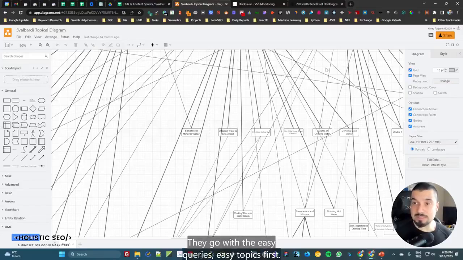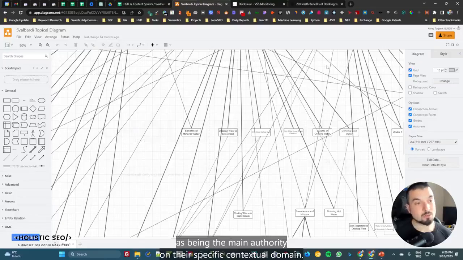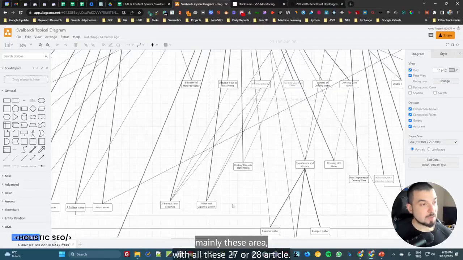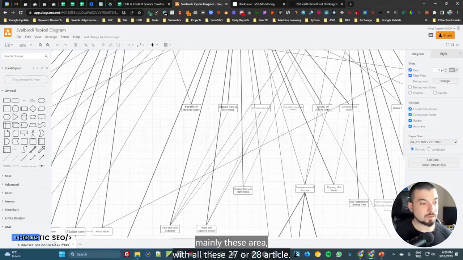They go with the easy queries, easy topics first. But in my situation, I always wanted to be an alternative first to these top authorities. Then I want to make them follow me as being the main authority in their specific contextual domain. So that was the reason that we mainly processed this area with all these 27 or 28 articles.